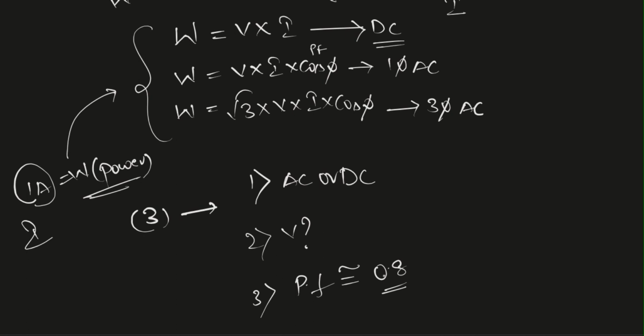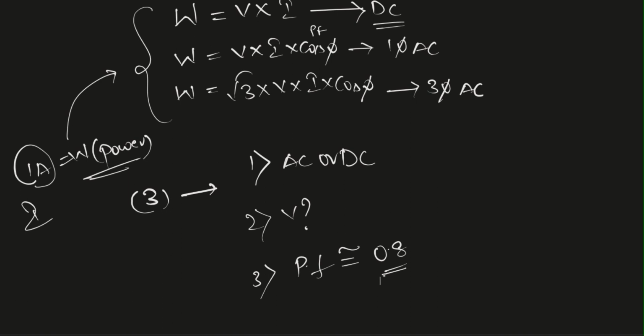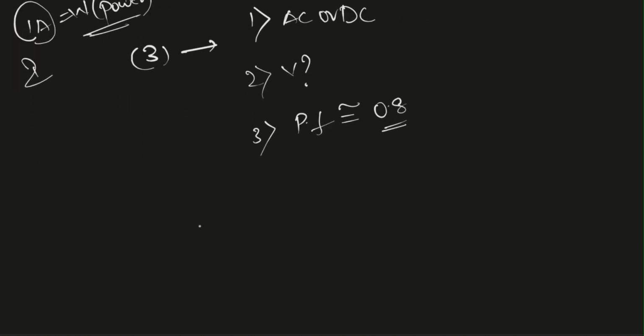When you ask these three questions and when they give you these three answers, you are ready to go with the question. Let us solve a few questions and understand this topic. In the first question, the interviewer says he's taking an AC circuit, the voltage is 230 volts and the power factor is 0.8. So we have to find the watt.